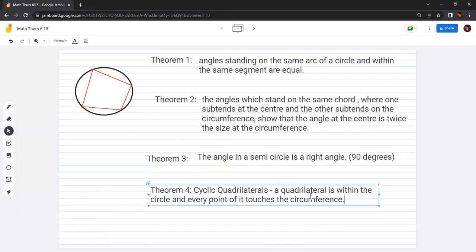Now, once this is the case, your opposite angles are supplementary. Right, so opposite angles are supplementary. That means they add up to 180 degrees.